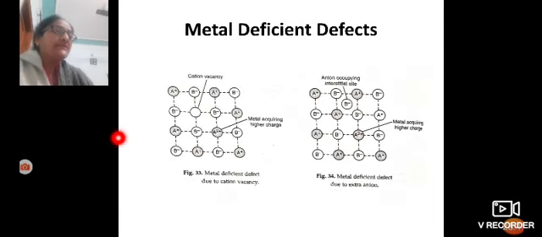This is the metal deficient defect, cation vacancy and metal acquiring the higher charge. Metal deficient defect due to extra anion: anion occupying the interstitial site and the metal acquiring the higher charge.